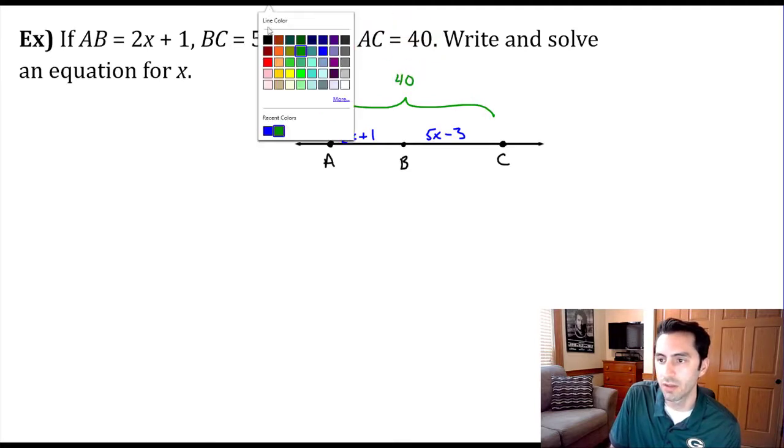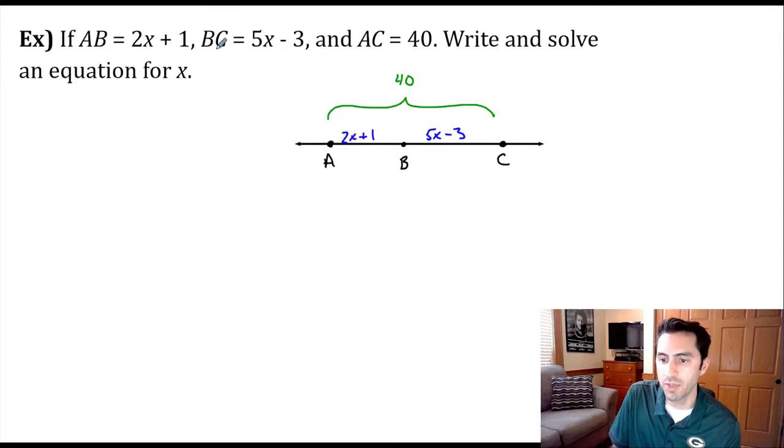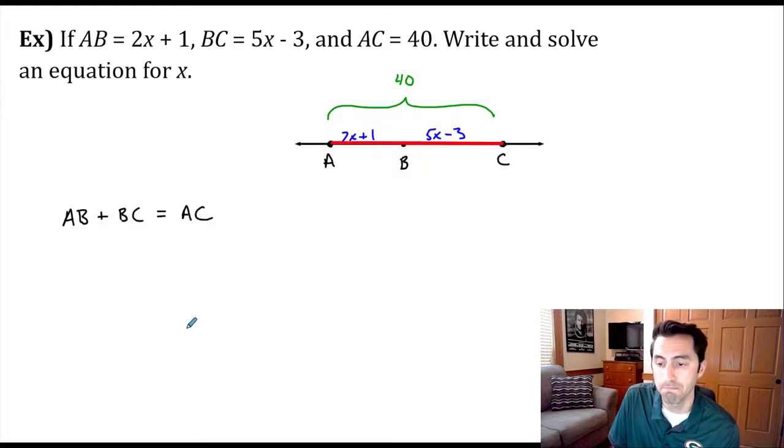So our segment addition postulate states that if I take these two smaller pieces, so the length from A to B, if I add that to the length from B to C, that's the same as the entire length from A to C. Again, that's the equation we want to work with.